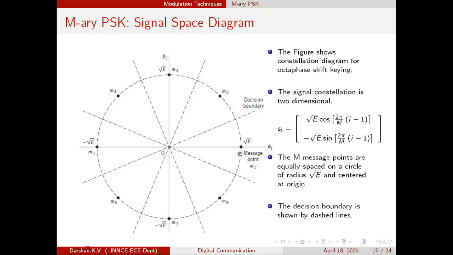If the structure of the constellation is symmetric, then you calculate for one particular message, and for all other messages the probability of error expression would be identical. That is the advantage of the circular constellation.